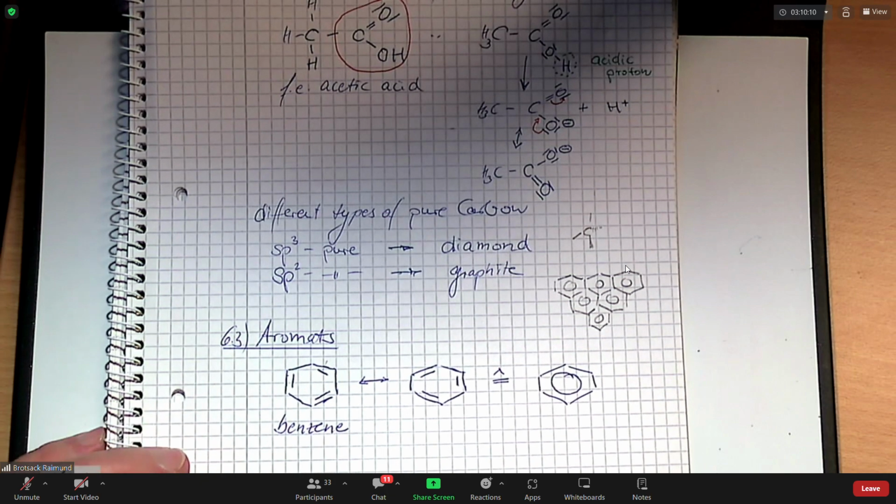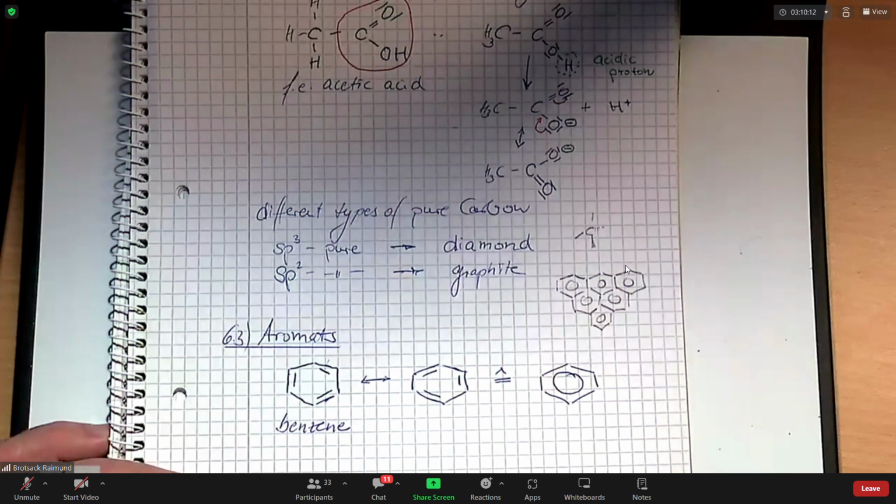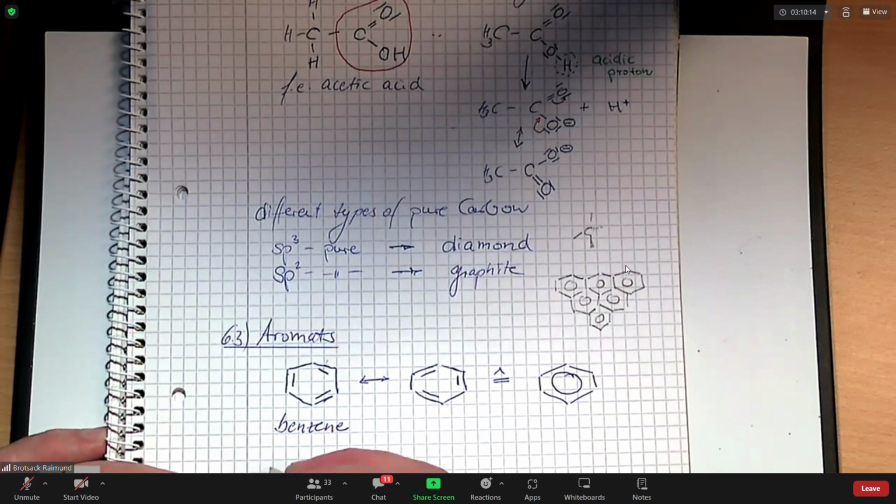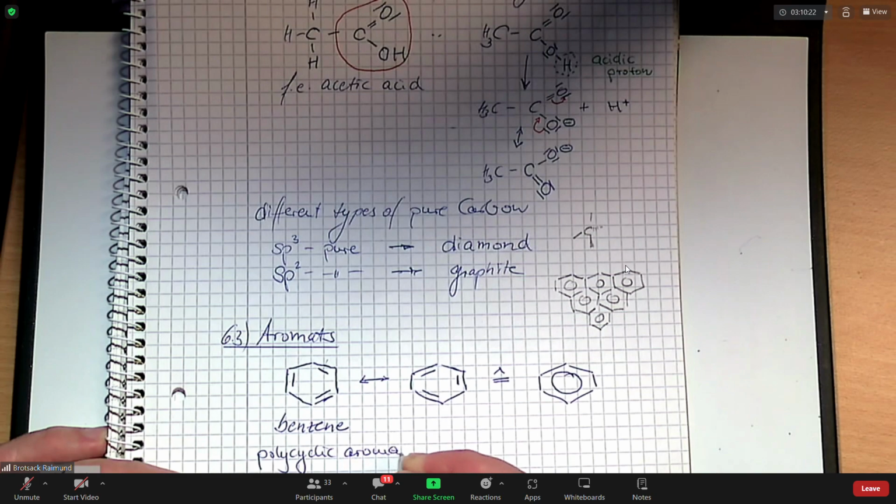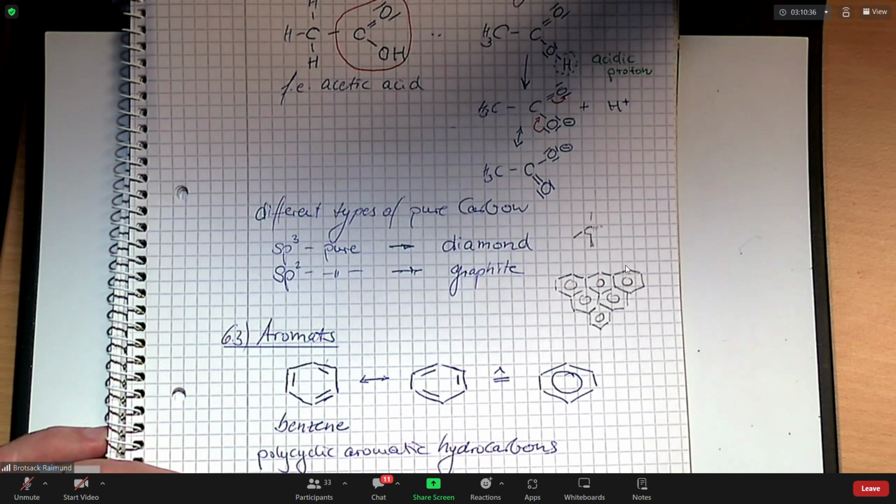We have polycyclic aromatic hydrocarbons. The smallest one here is naphthalene. It is 2 benzene molecules condensed together, and we have here the delocalized pairs of electrons, and we call it naphthalene.